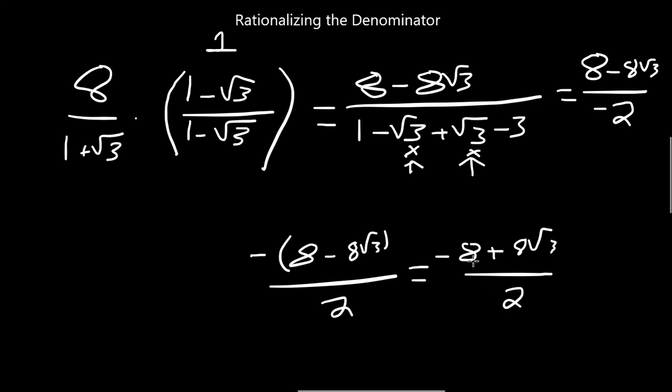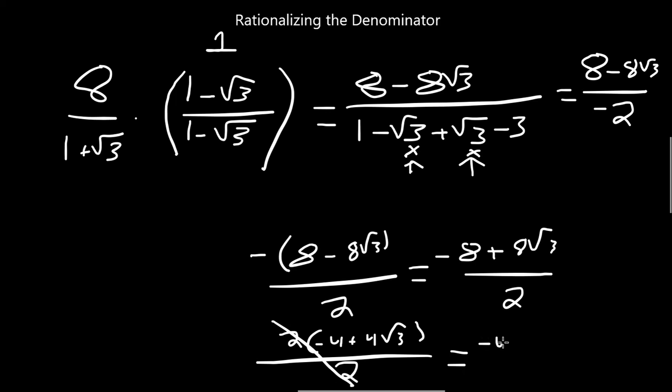And then I'm going to notice that I could actually simplify this further if I factored out a 2, and I would get 2 times negative 4 plus 4 square root 3 over 2. The 2's are going to cancel, and I would get negative 4 plus 4 square root 3. And that would be my final answer.